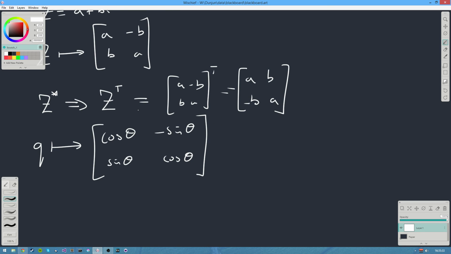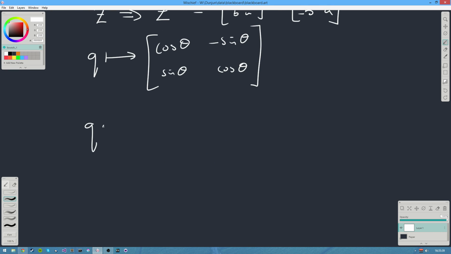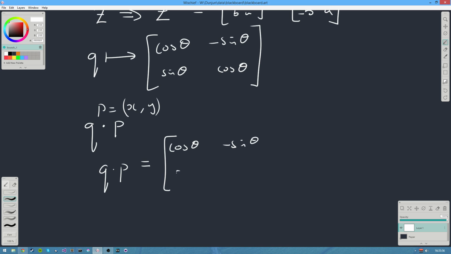Now, if we wanted to rotate a point in the xy plane, all we have to do is q multiplied by a point p, where p actually equals x and y. We can do q times p, and this is actually the same as me writing the matrix of cosine theta, minus sine theta, like so, times x, y.